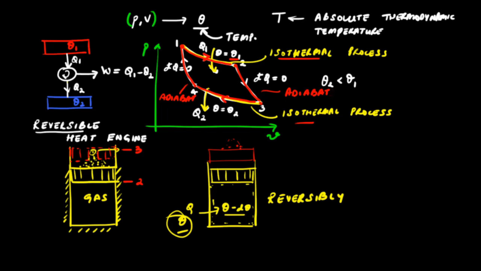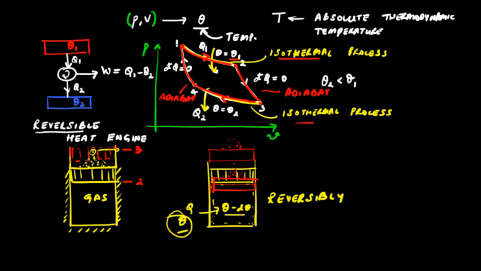Then you can again have heat transfer from the system to a low temperature reservoir, and that would bring down the piston, and thereafter you can add grains of sand to further take the system from state 4 to state 1. So this is how in theory you can realize the Carnot cycle. But note that there's no way in reality you can have this quasi-static process.